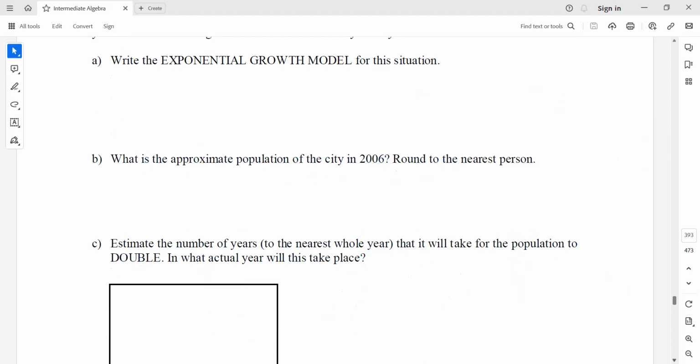Now, estimate the number of years it will take the population to double. So we are looking at a doubling, right? Now, we started with 22,395. So 22,395 times 2 should give us 44,790. Okay? So this is the doubling population.